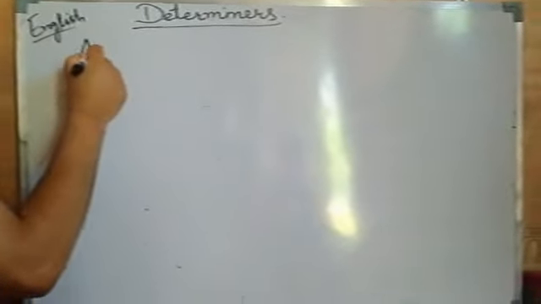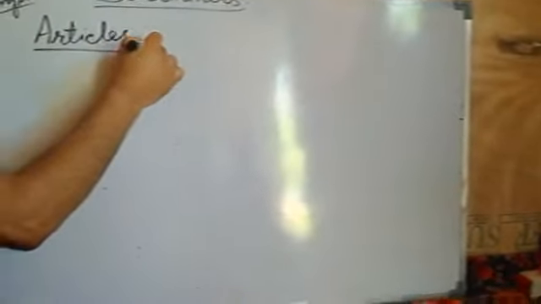So first of all, let's learn what articles are. Articles are two in number: definite and indefinite.